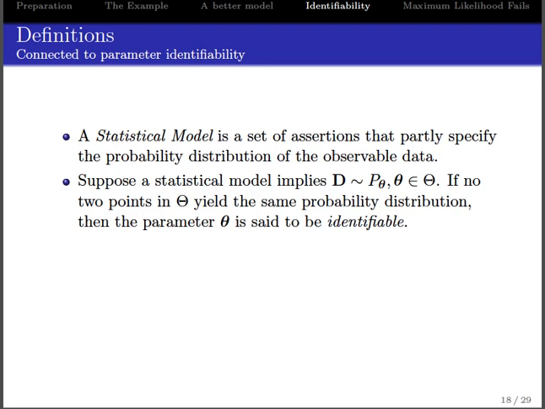Notice how when our sample data depended upon the parameter vector alpha comma beta only through the function alpha over alpha plus beta, then alpha equals beta equals 1, which gave you a ratio of a half, will give you the same probability distribution of yi as alpha equals beta equals 10.